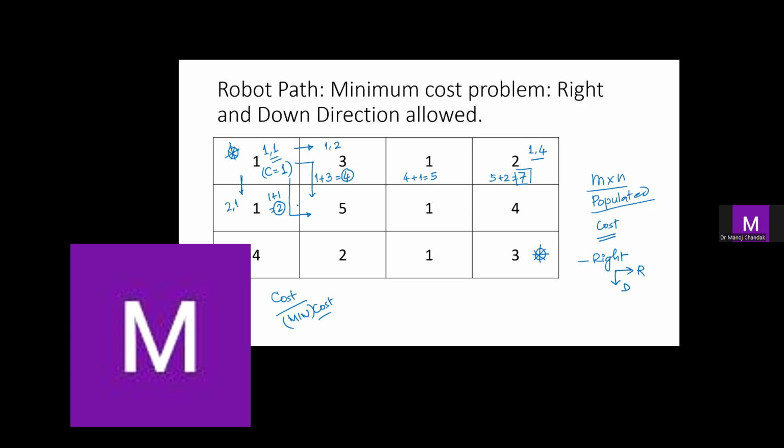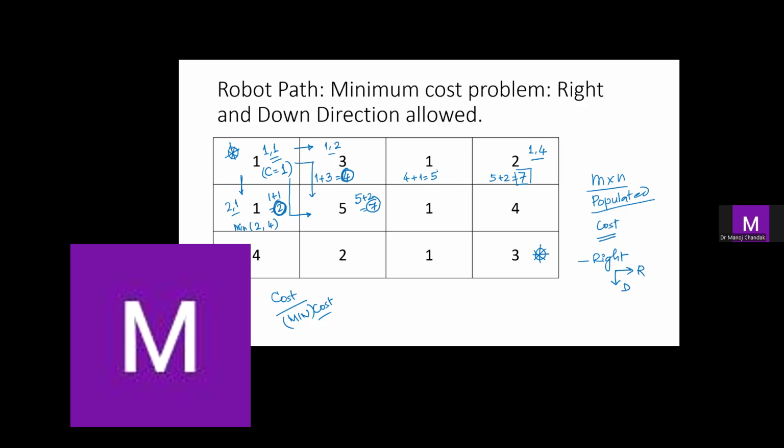And how to pick the best possible move is to select the minimum value from 2 and 4. How did we get 2? This is the first value which we got for moving to this cell 2 1, and this is the second value which we got for moving to this cell 1 2. And out of these two, the minimum is 2, so we take 5 plus 2 equal to 7.